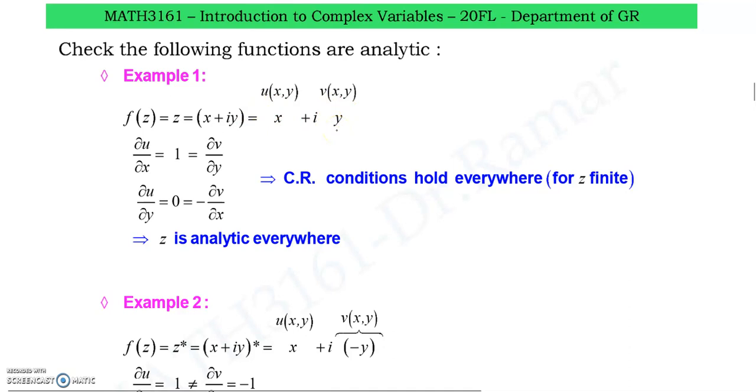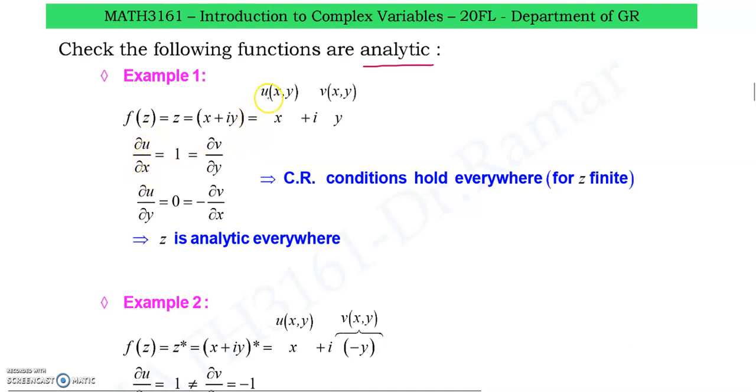Now what we have to check is whether the given function is analytic or not analytic. What is the condition for analytic? We know that ux equal to vy, uy is equal to minus vx. Dou u by dou x: you have to find the partial derivative of u with respect to x.